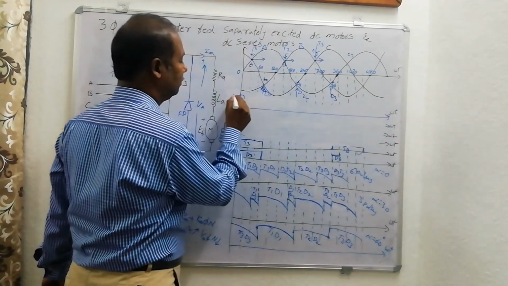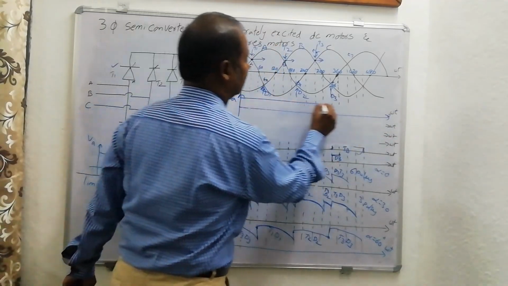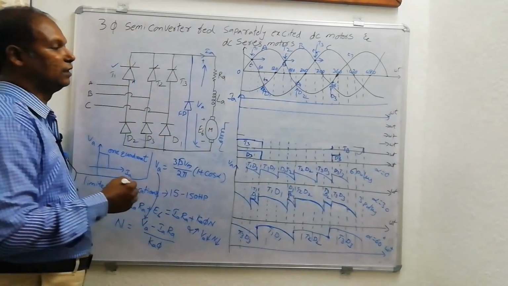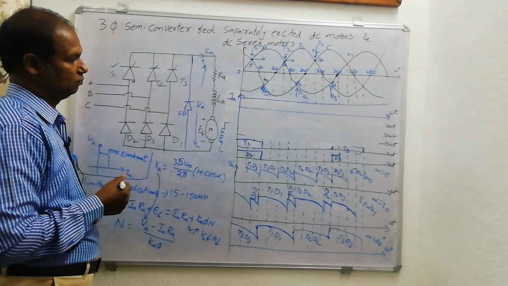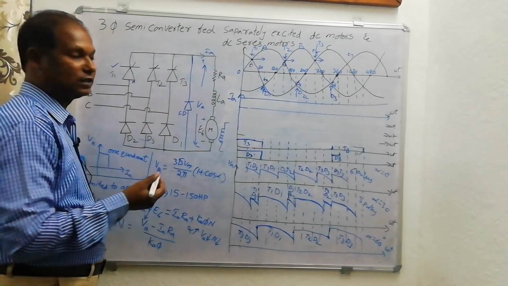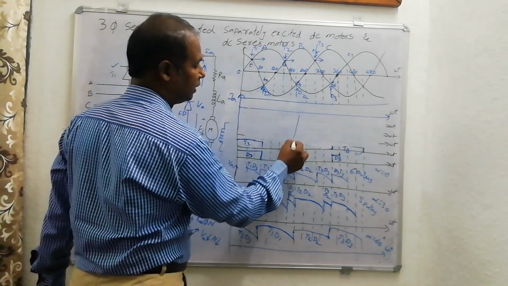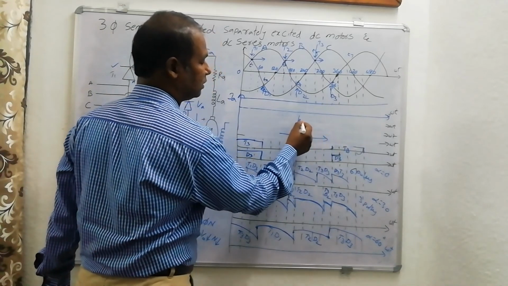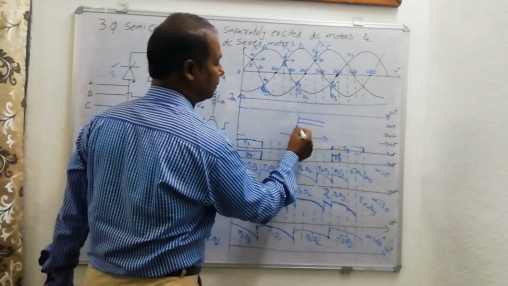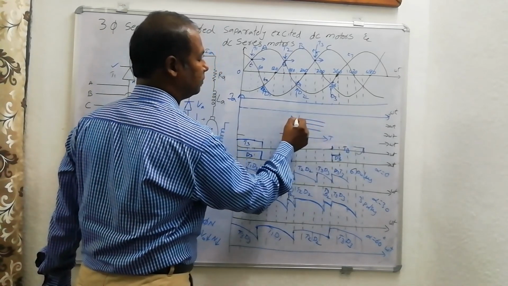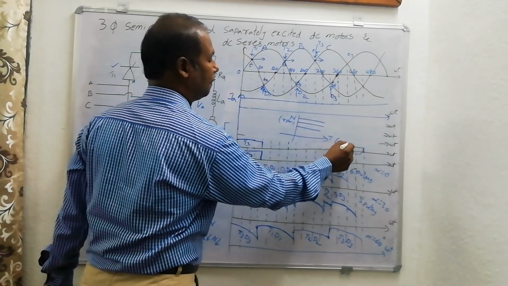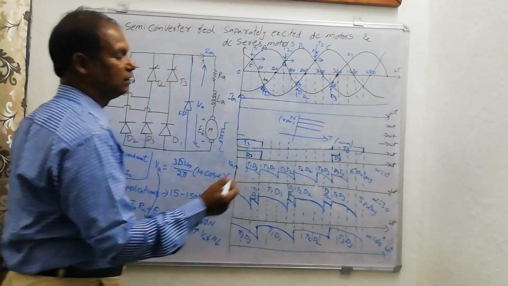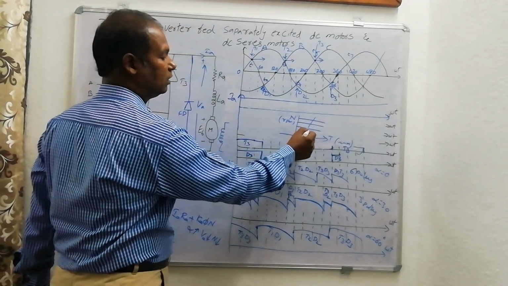This is for Ia. It is a straight line, that is the DC current. Now the speed torque characteristics. You know the separately excited DC motor speed torque characteristic. The shape is like this. This is the torque in Newton meter, this is the speed in RPM. This is the separately excited DC motor when alpha value increases like this.